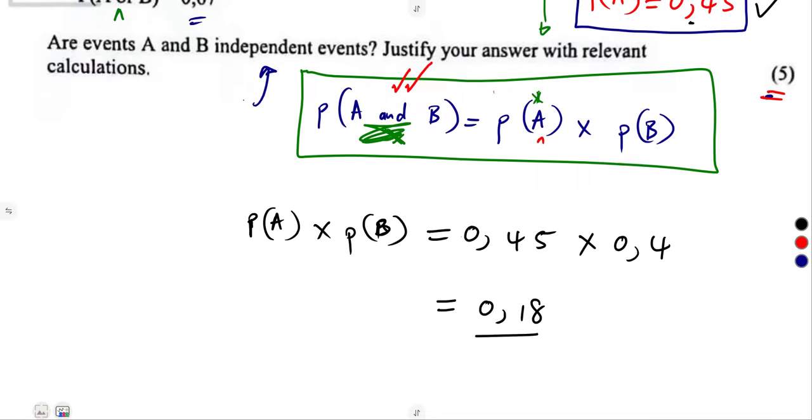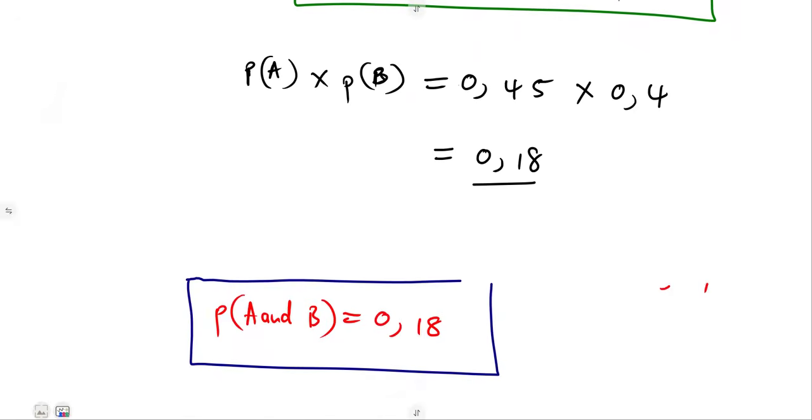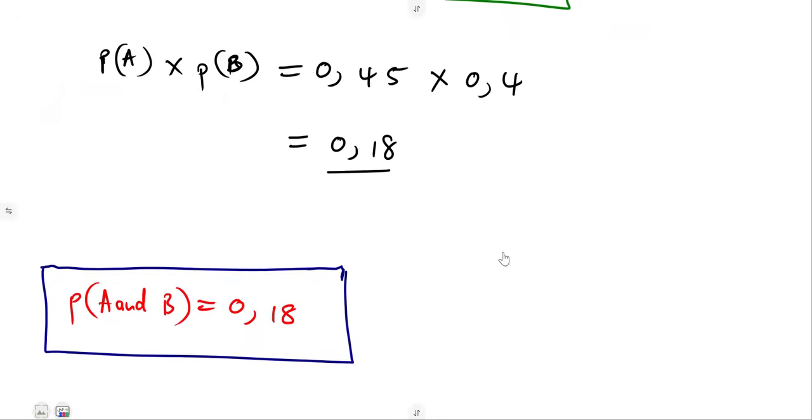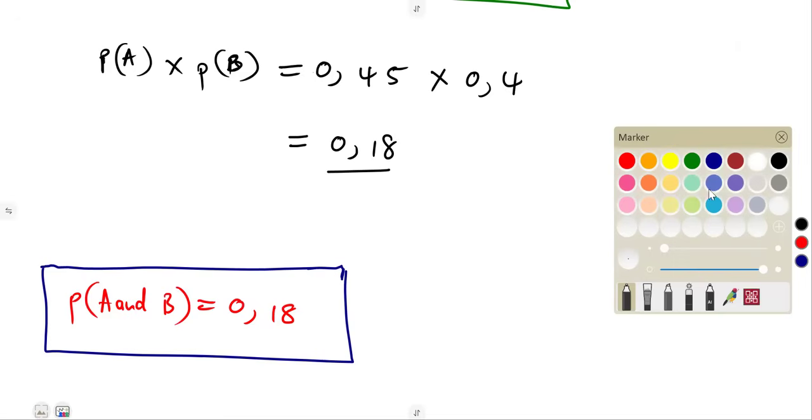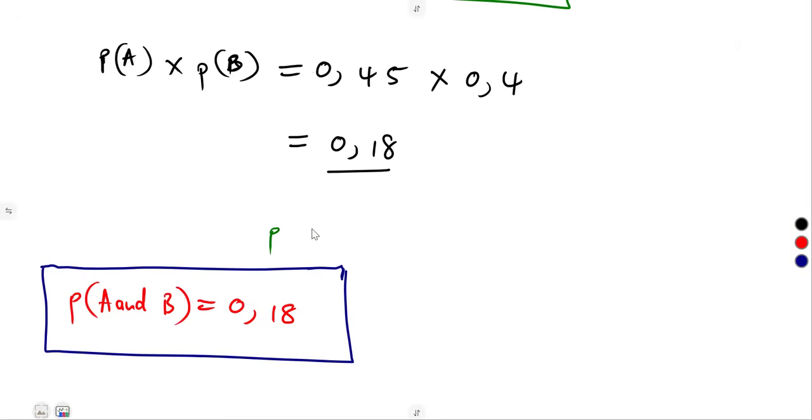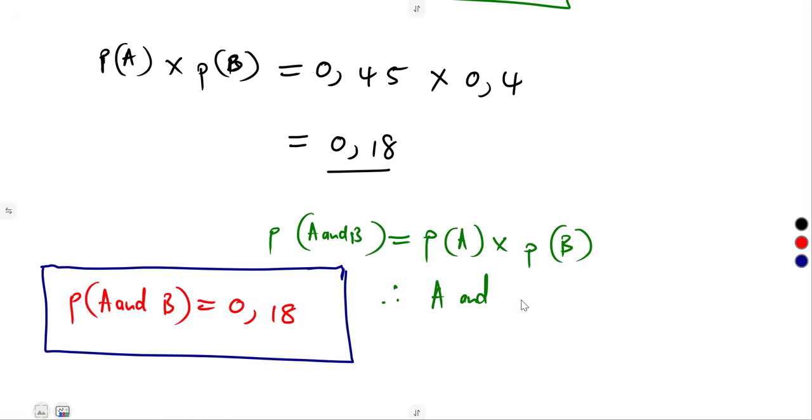As we can see, we are obtaining the same answers. The probability of A and B and the probability of A times the probability of B are exactly the same. Therefore, events A and B are independent events.